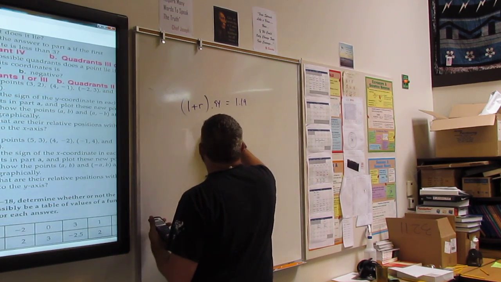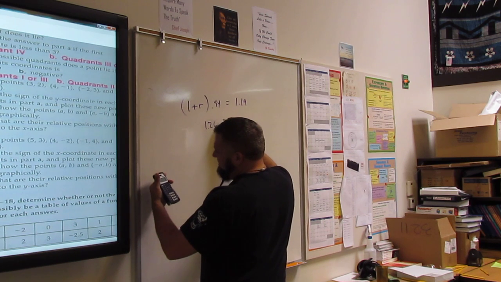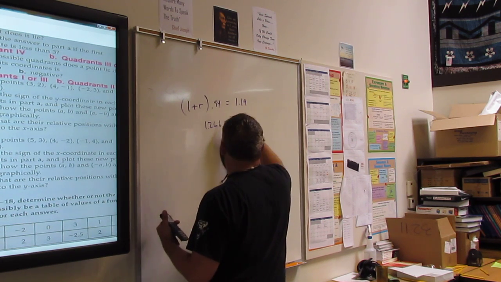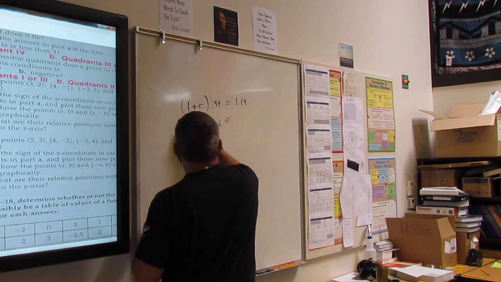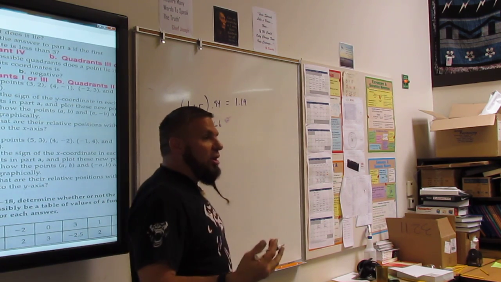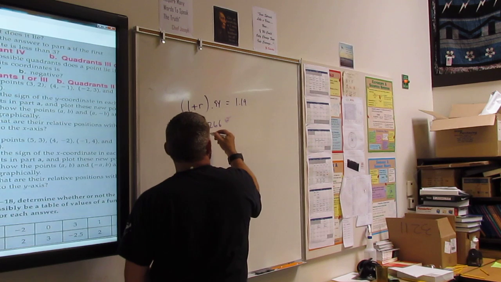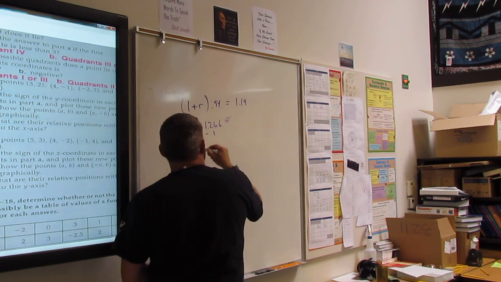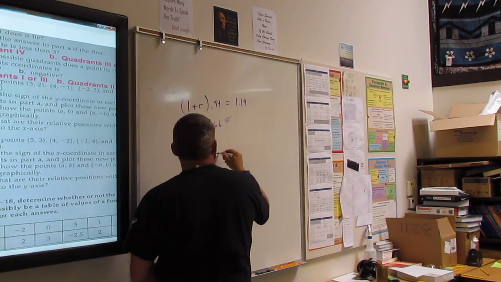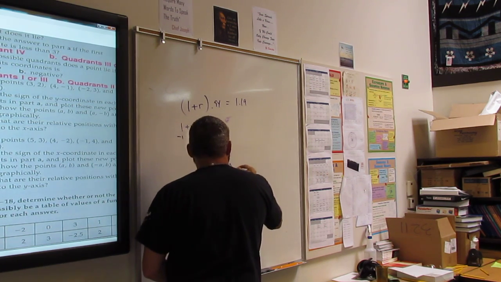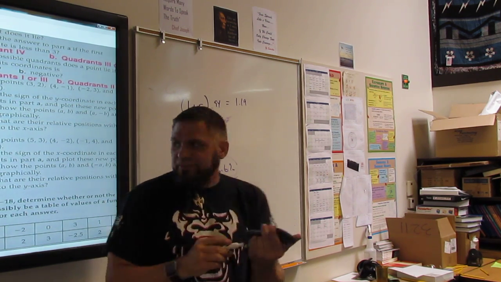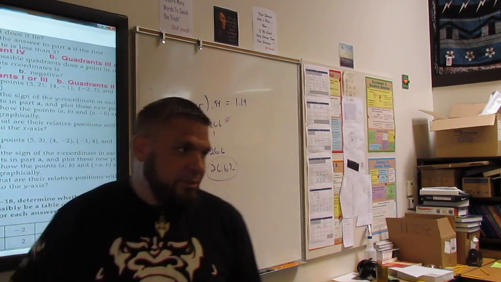So 1.2659, so 66, equals 1 plus R. So to get R, I need to subtract 1, and I get R is equal to 0.266, and so you get 26.6%, or 26.5 something, or 26.6.